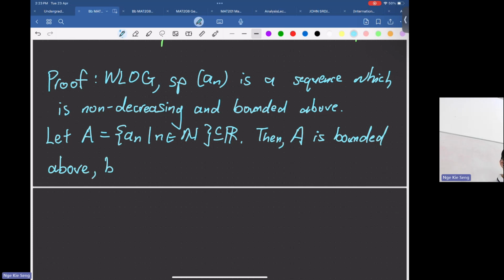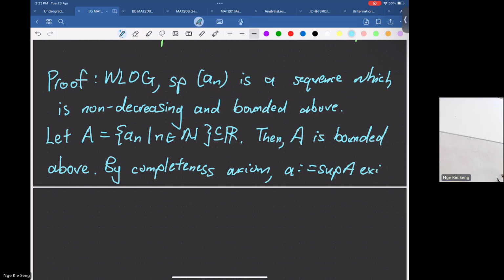So by the completeness axiom, the sup of A exists. There is a least upper bound for this set. We want to show that this is actually our limit.